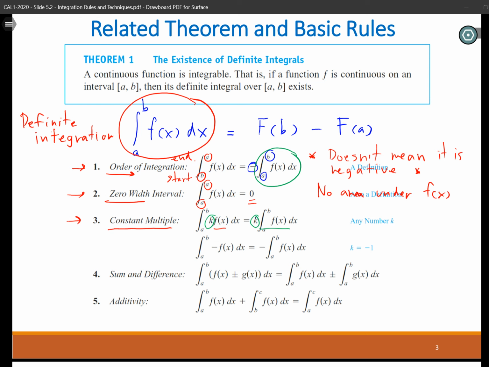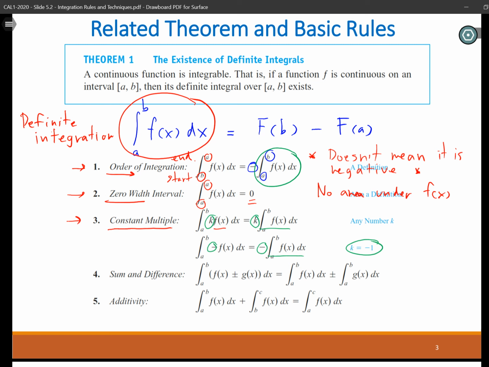All right. Now, what about the minus sign? A minus sign is the same as the constant k equal to -1. You see this? You don't need to get confused. Just take it outside and perform the integration directly on f. All right.